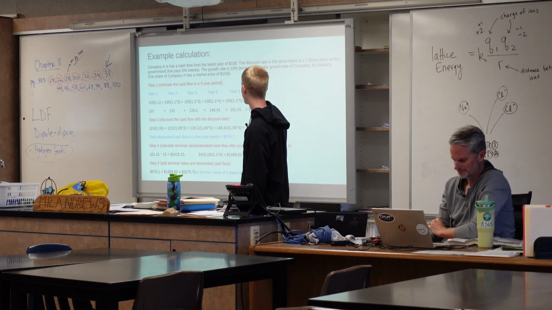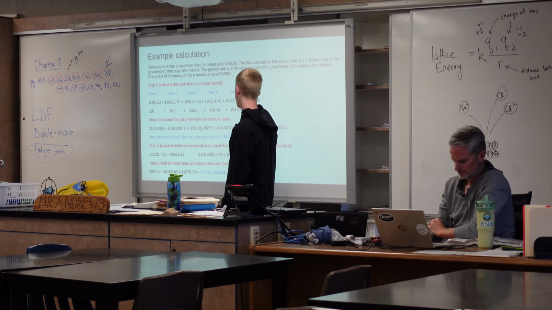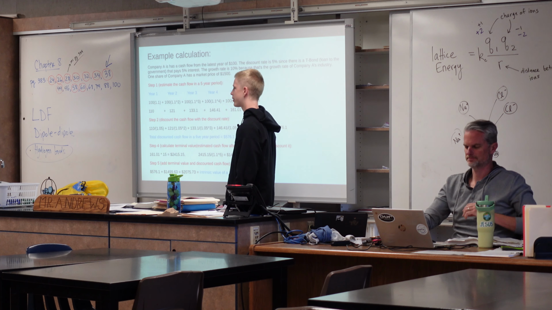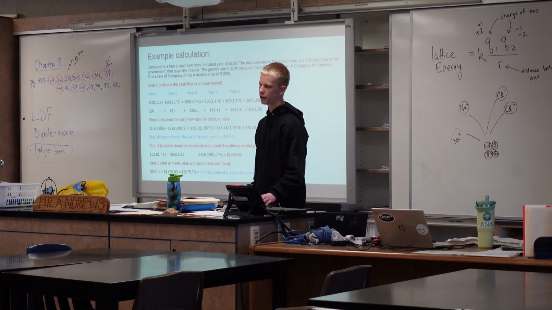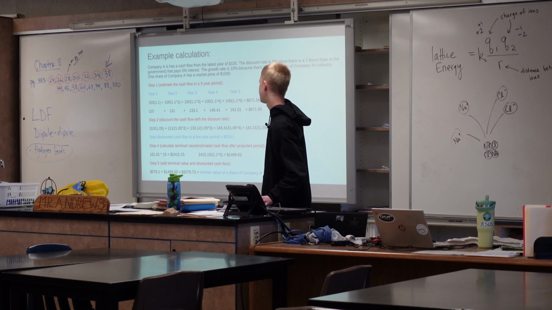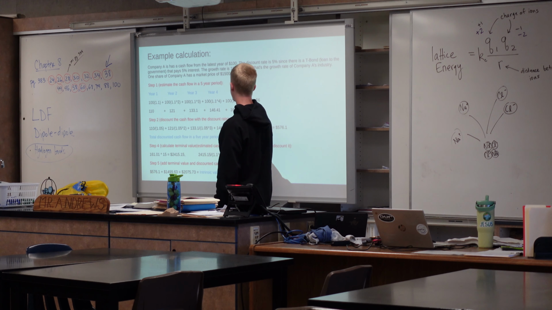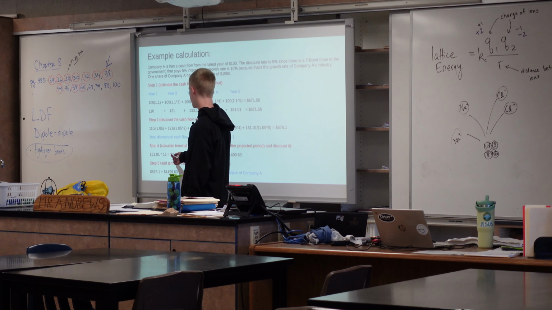Okay, so step 4 is to calculate the terminal value, which is the sum of the estimated cash flows beyond the projected period. So it's basically all the future cash flows combined. And to do this, a common method would just be taking the cash flow for the final year of your calculation, which is 161, and multiplying it by 15.